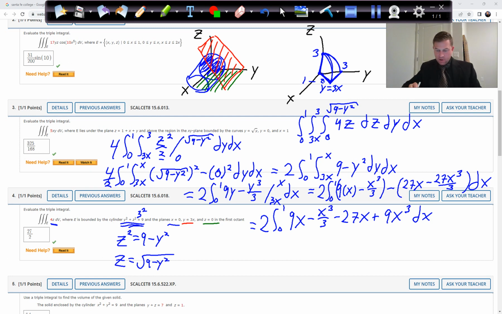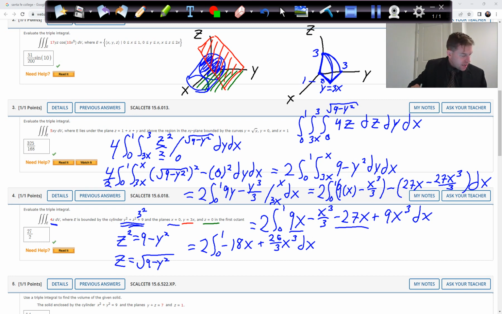Okay, what can we combine here? We're going to get 2, 0 to 1. 9x take away 27x is minus 18x. And 9x cubed minus 1/3 x cubed is 27x cubed over 3 minus 1/3, so this would be plus 26 over 3 x to the third dx.